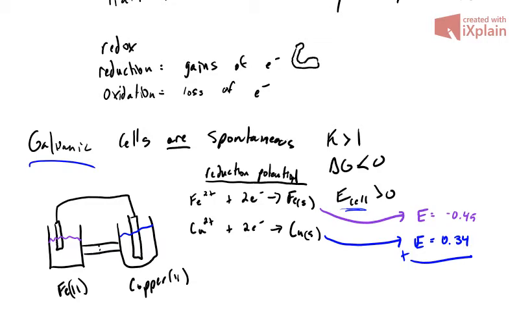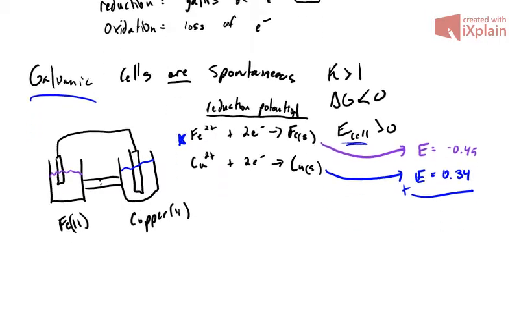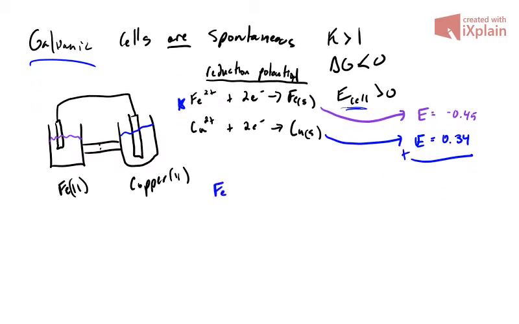So what we're going to do is flip the iron reaction, and that iron reaction is now going to be Fe solid yields Fe2+ plus 2 electrons. And we still have our regular Cu2+ plus 2 electrons gives Cu solid.